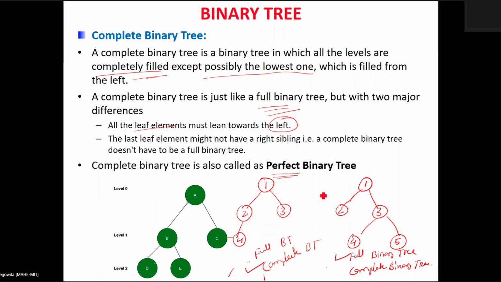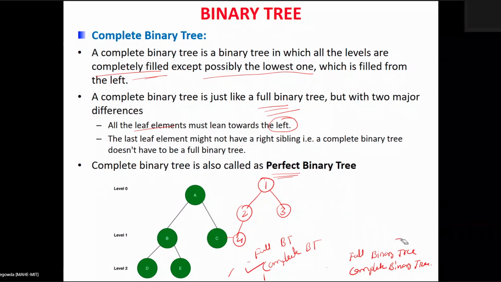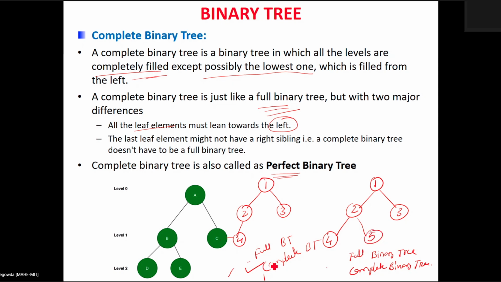And now let us look at one more example. I have root node 1 and it has 2 children, 2 and 3, and 2 is going to have 2 more children, that is nothing but 4 as well as 5. Which is the correct answer for this?